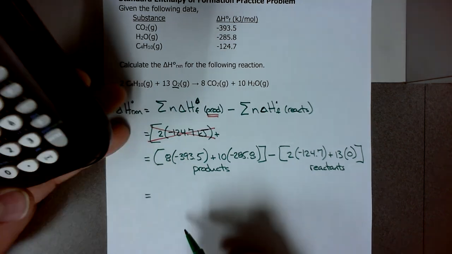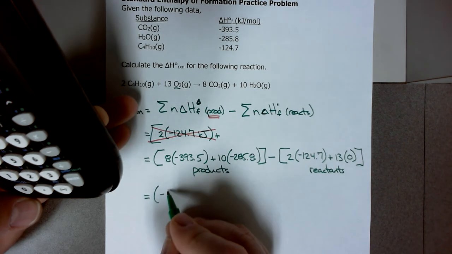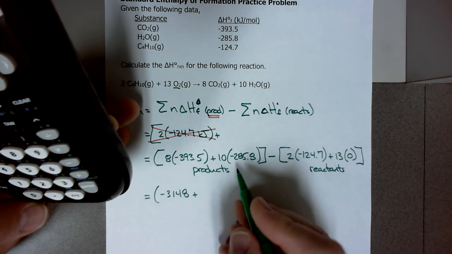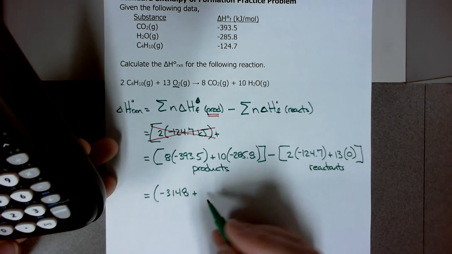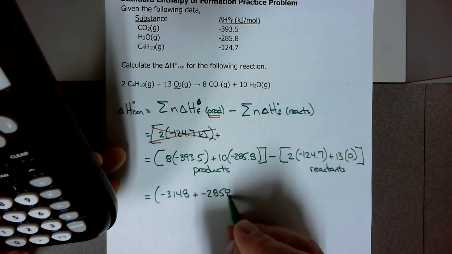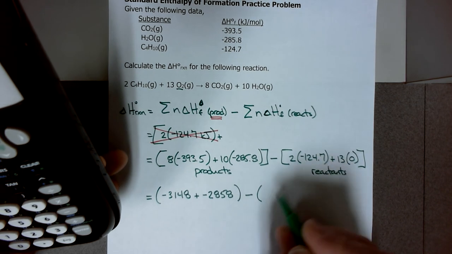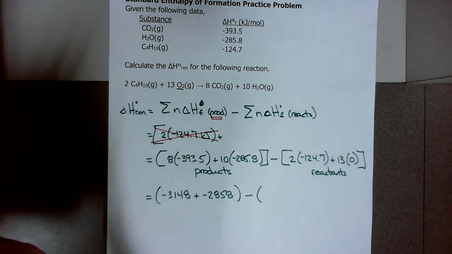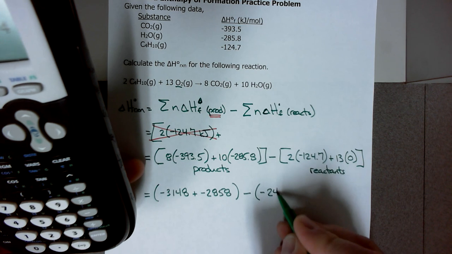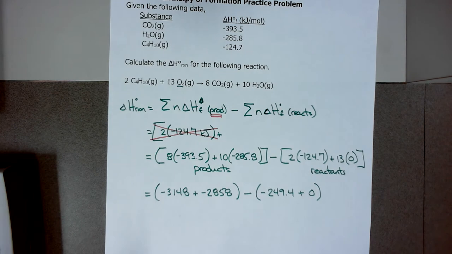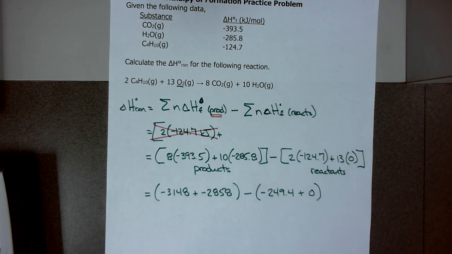So this is going to be a negative 3148, plus 10 times that is a negative 2,858, minus 2 times that, so it's 2 times a negative 124.7, so it's a negative 249.4 plus 0, and so we get 3148 plus 2858.